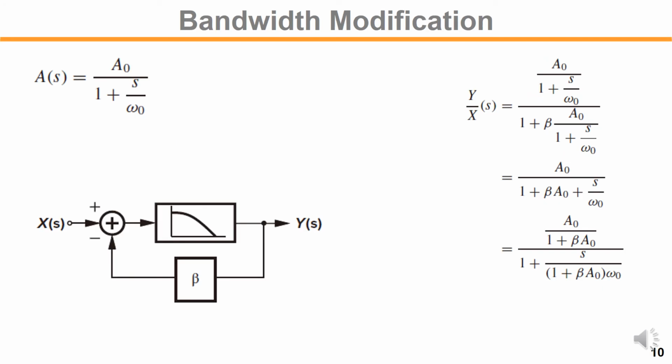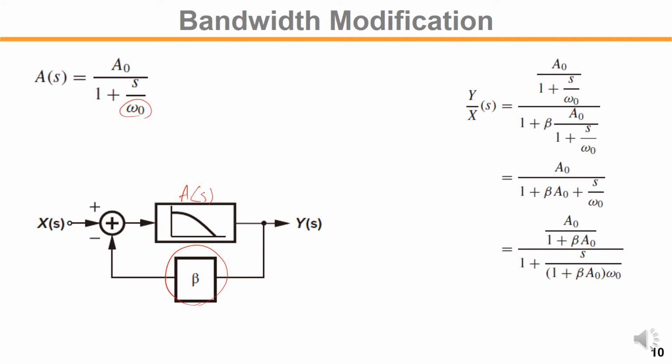Another characteristic of negative feedback is the bandwidth expansion. For example, for the forward gain A(s), its bandwidth is omega 0, which is limited by that. In that case, use the passive feedback gain as beta, then use this network and solve the input to output response.